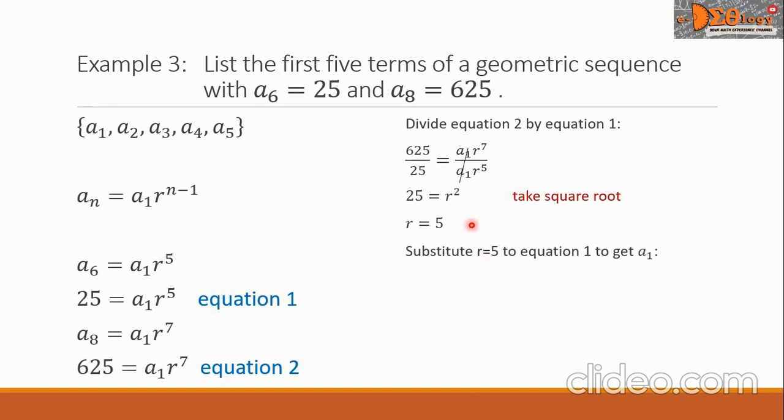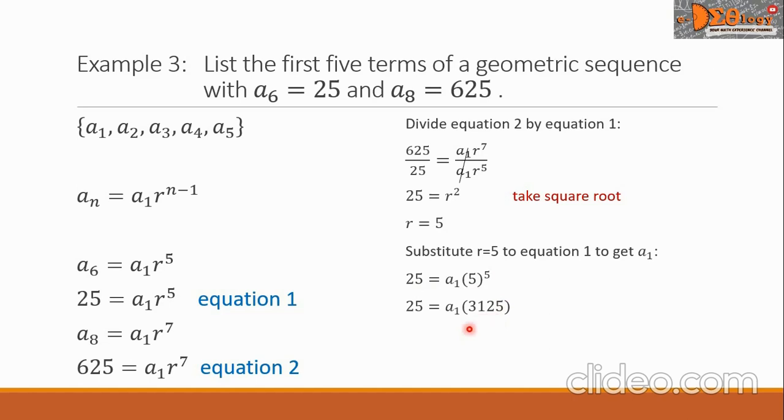Let us substitute r equals 5 to equation 1 to get a sub 1, the first term. So we have this equation 1 is now written as 25 equals a sub 1 times r, which is now 5, raised to 5. Simplifying further, this 5 raised to 5 gives 3,125.